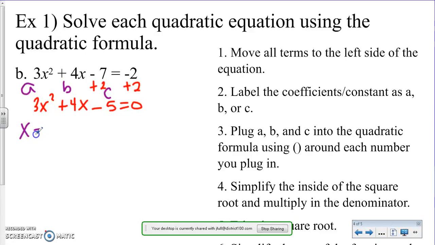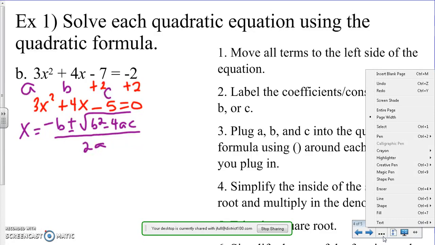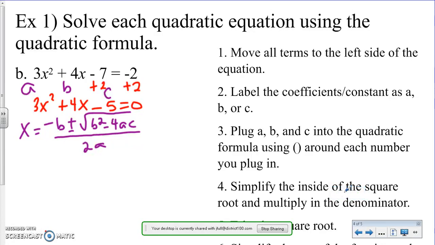So once again, x equals negative b plus or minus the square root of b squared minus 4ac all over 2a. Okay, so when we plug these in, negative b is the same thing as saying opposite of b. So if my b is positive 4, I'm going to make it negative.